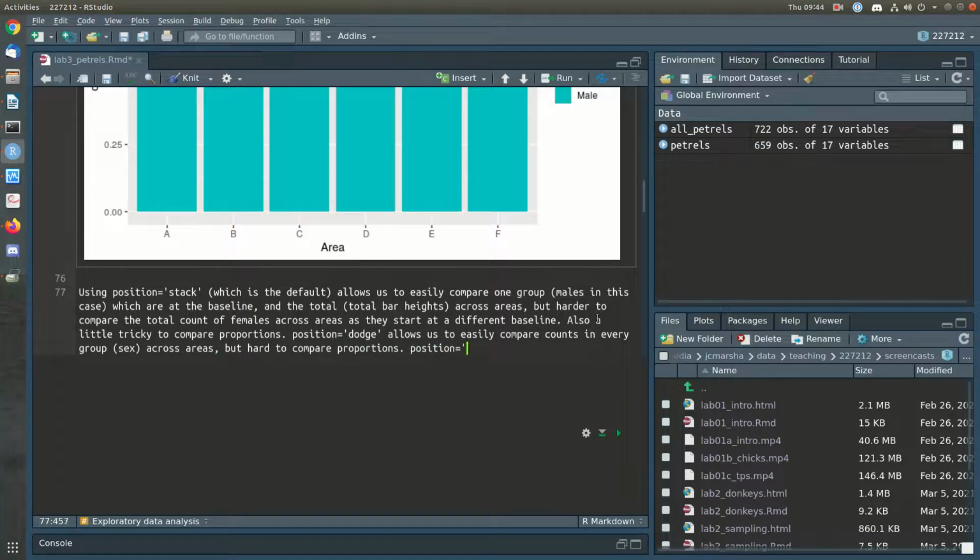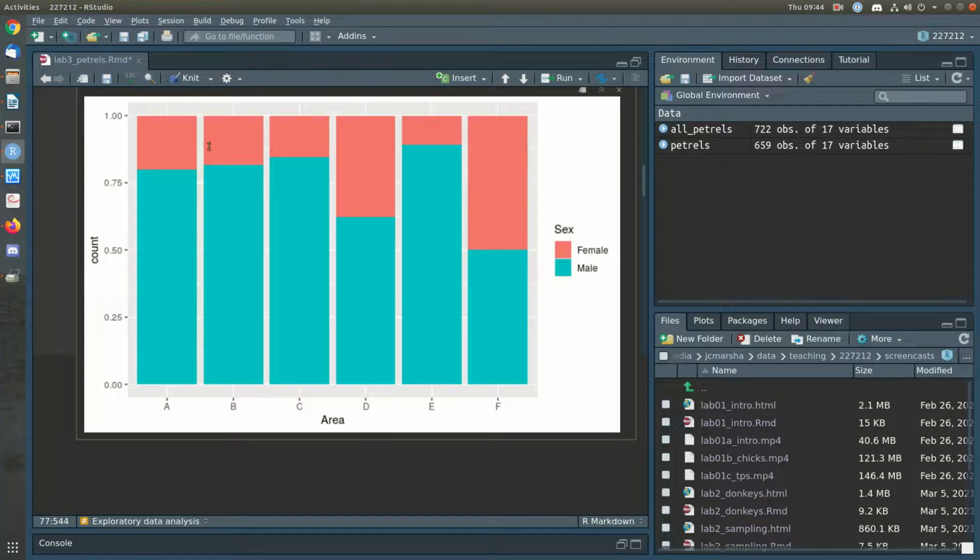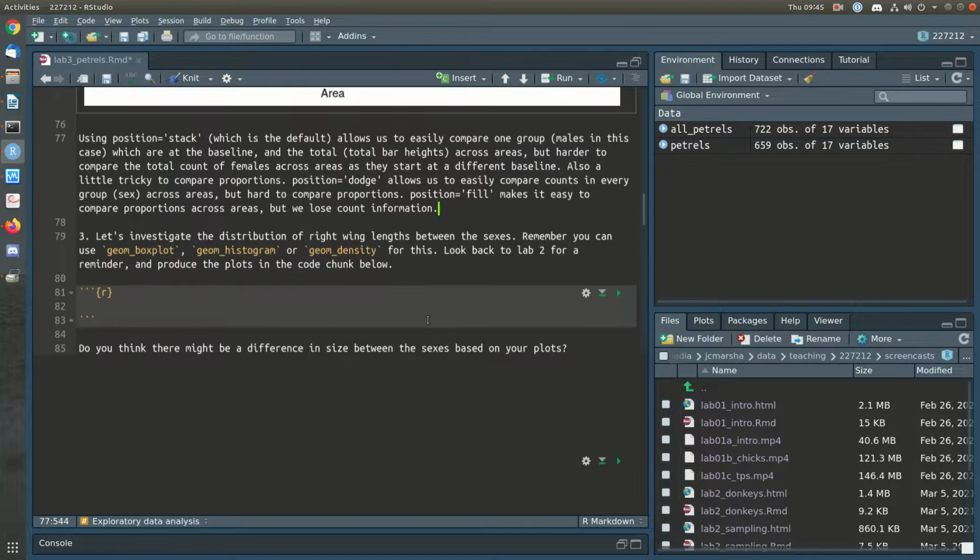Position equals fill makes it easy to compare proportions across areas, but we lose count information. So which one makes sense just depends on the question you're answering. In this case, we're particularly interested in, is the proportion of male and female different across the groups, and so this graph here is probably the best one. Okay, right.